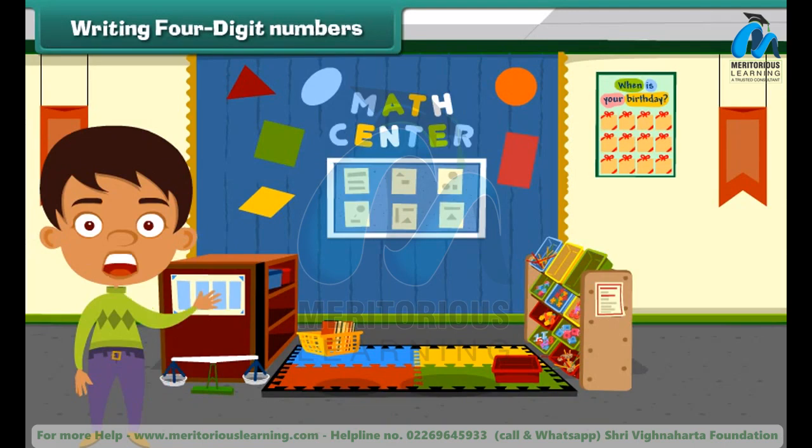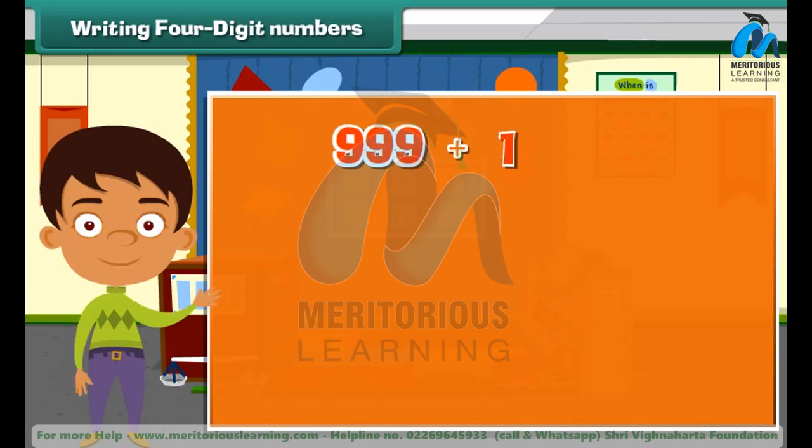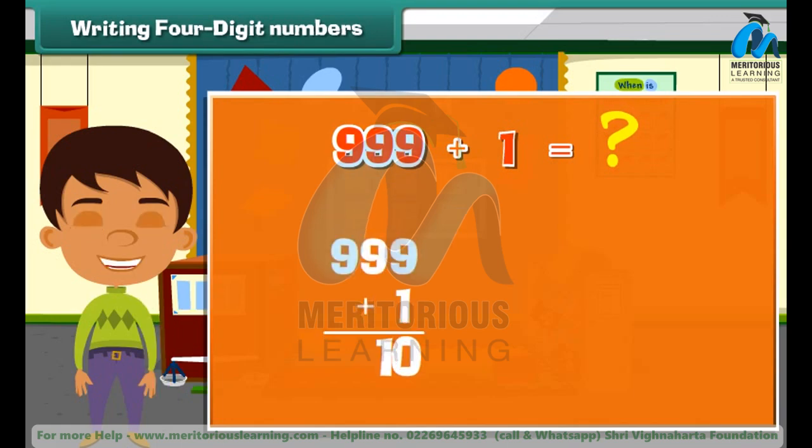Writing four-digit numbers. What is the number that we get when we add 1 to 999? 9 plus 1 is equal to 10. Write 0 and carry over 1. Again, 9 plus 1 is equal to 10. Write 0 and carry over 1.